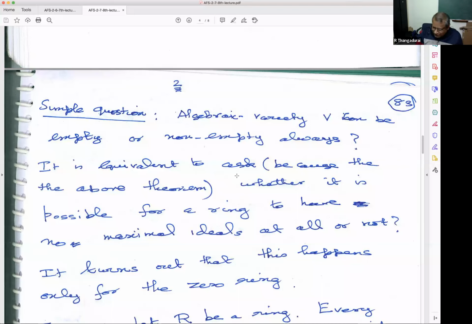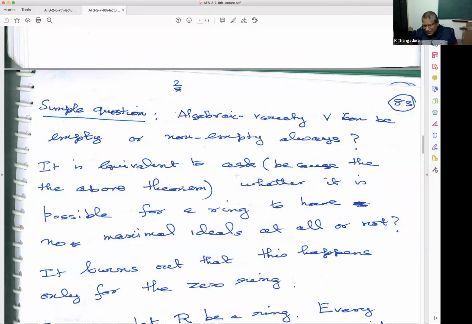Because of this previous theorem, it is equivalent to ask whether it is possible for a ring to have no maximal ideal at all. Because of the previous correspondence, every point of the algebraic variety corresponds to a maximal ideal.